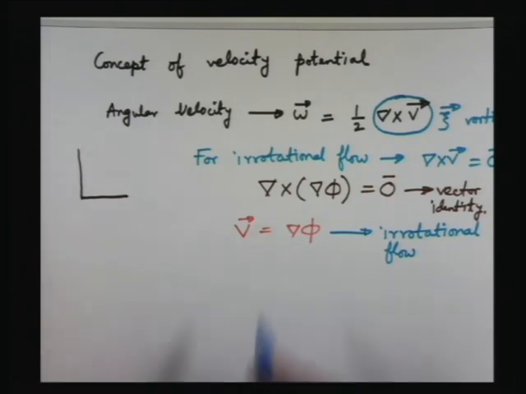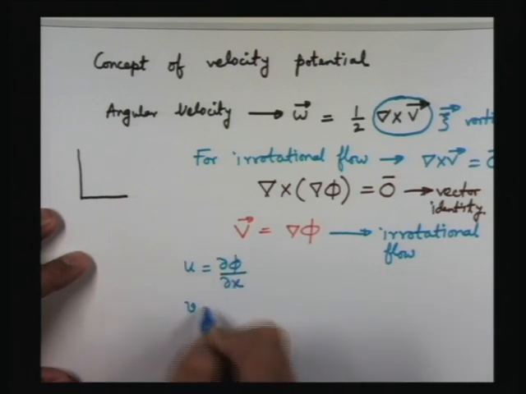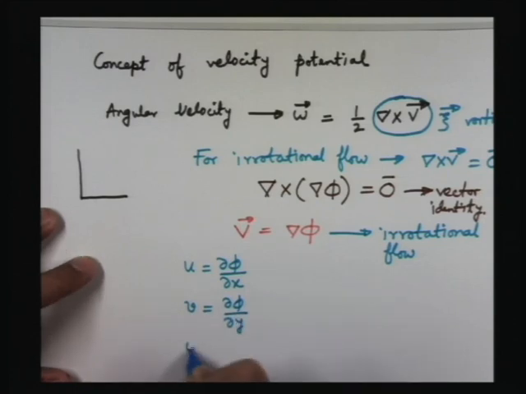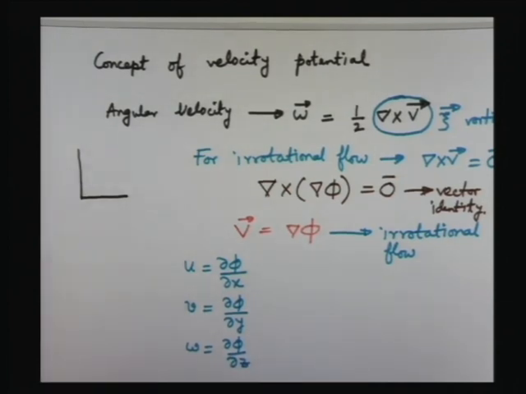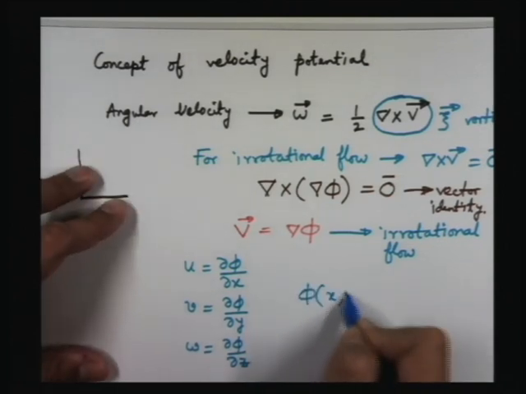So if you write its scalar components, that means U is equal to del phi del x, V is equal to del phi del y, and W is equal to del phi del z, where phi is a function of x, y, z.